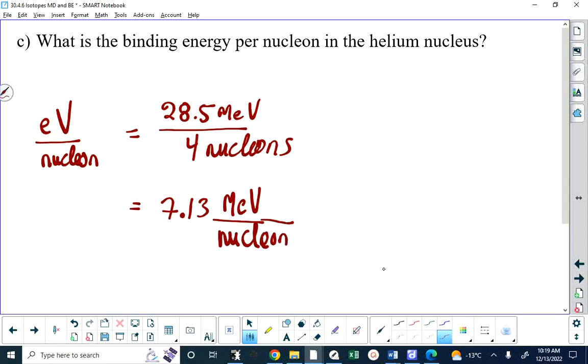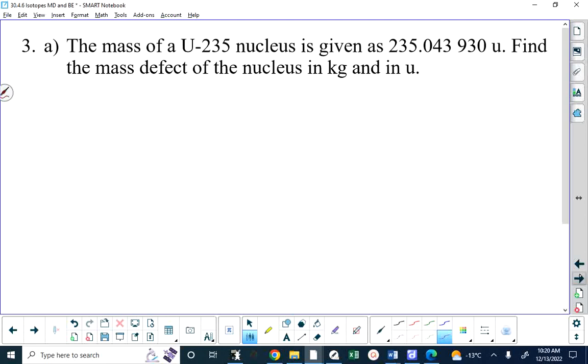If you wanted to, you could certainly calculate the joules per nucleon, and sometimes you are asked to do that. And number 3, the mass of a uranium-235 nucleus is given as that number of atomic mass units. Remember that one atomic mass unit is 1.66 times 10 to the negative 27 kilograms.